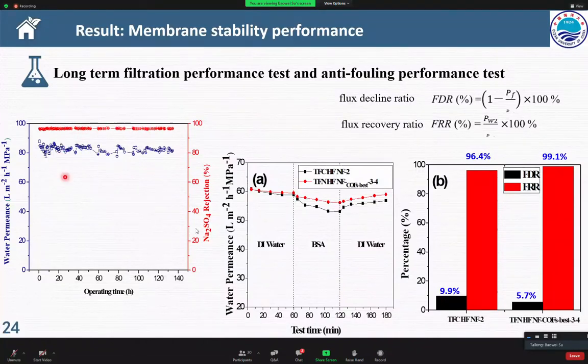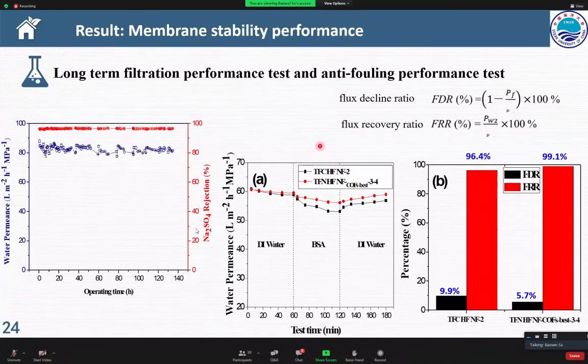We can see after 140 hours of operation, the water permeance and the rejection remain essentially the same, which shows the membrane has very stable long-term performance.